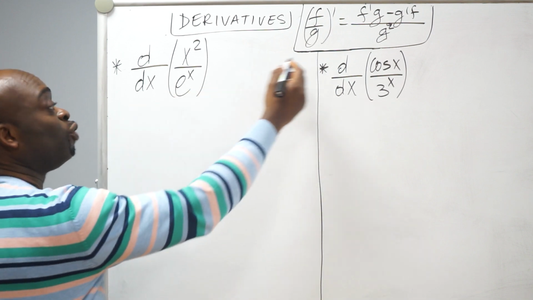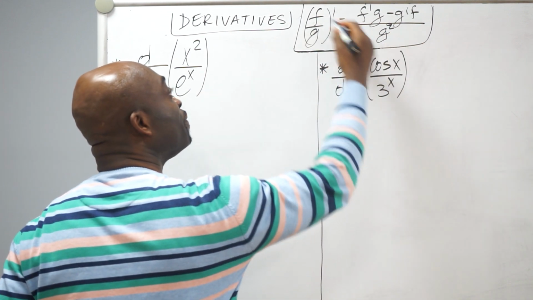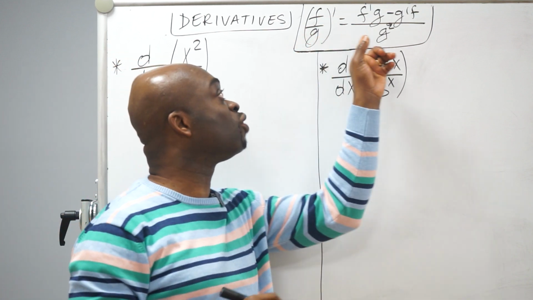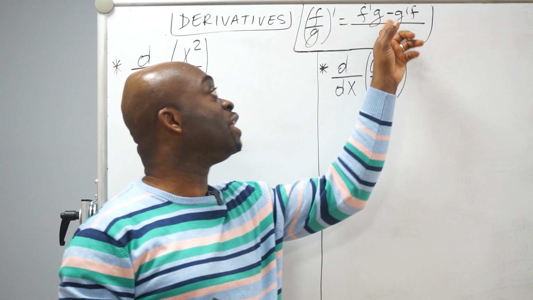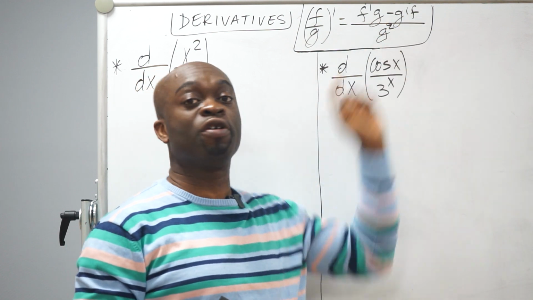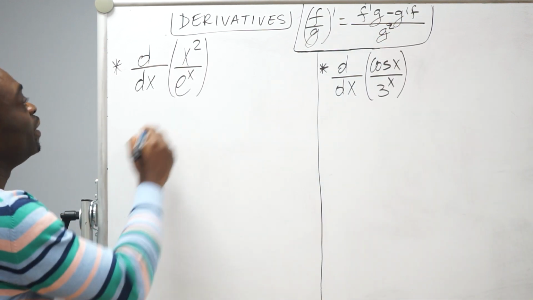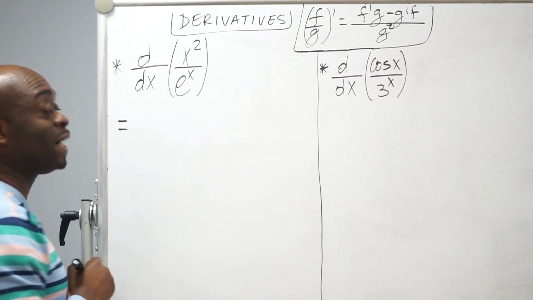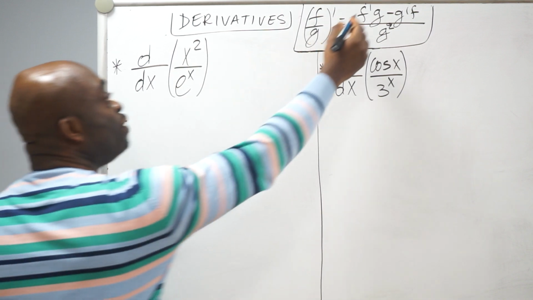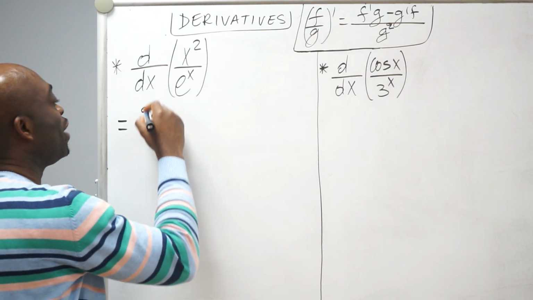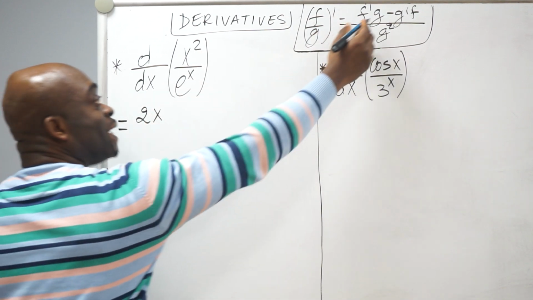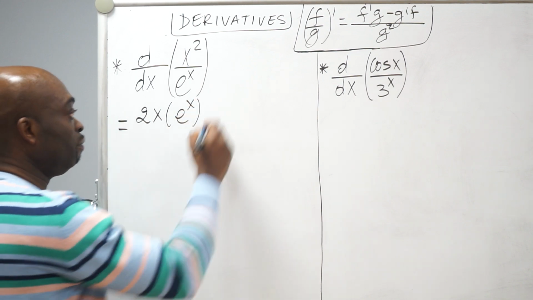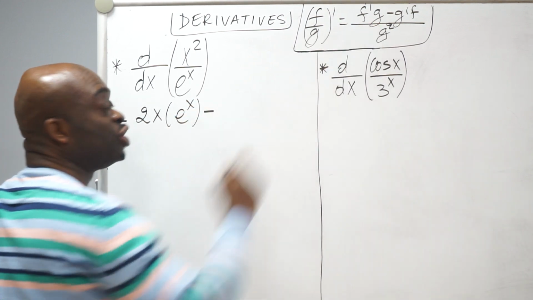So we're going to apply the formula here. The derivative of the division of two functions, f over g, is equal to what? f prime times g minus g prime times f, over g squared. So let's go for it. We have x squared, so the derivative of x squared is 2x, times g, that means times exponential x, minus g prime.